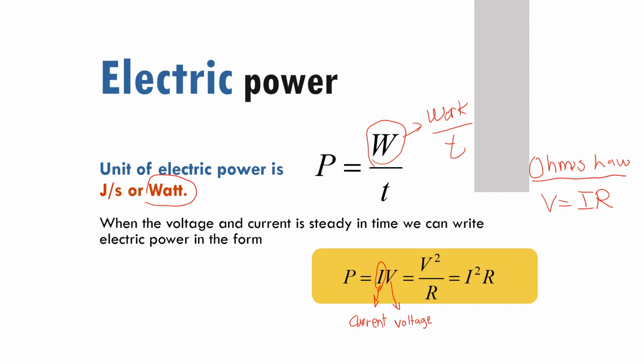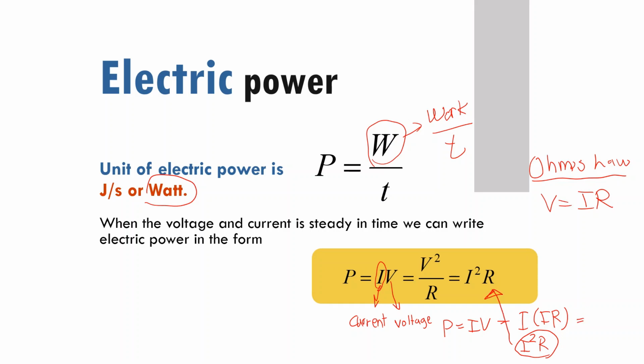Okay, from this, if I put P equals IV and then V equals IR, substituting for V, it is going to be I squared R, which is equal to this.